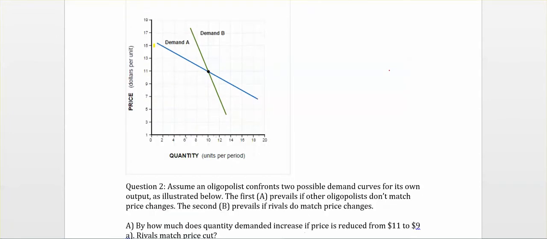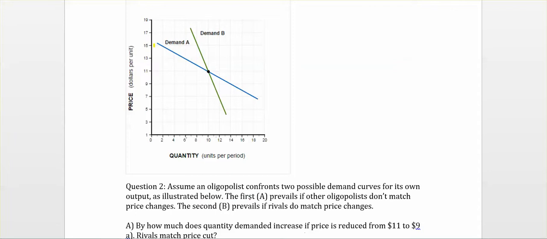I remind you of this paragraph because it is trying to help you solve this problem. Now we will use some real numbers to explain the kinked demand curve. So let's look at the question. Assume an oligopolist faces two possible demand curves for its own output as illustrated below.